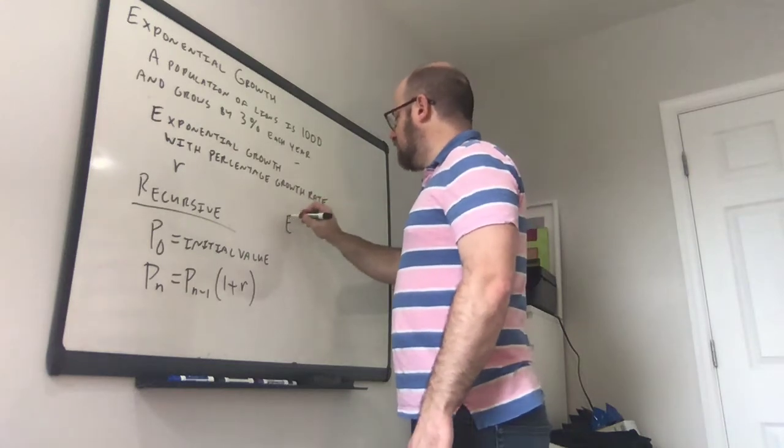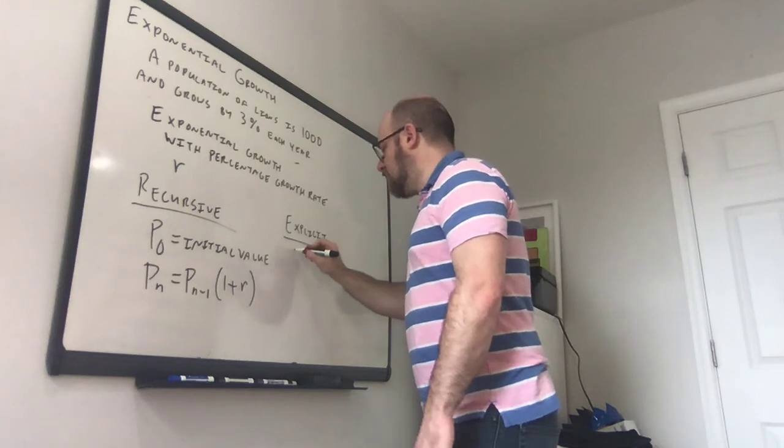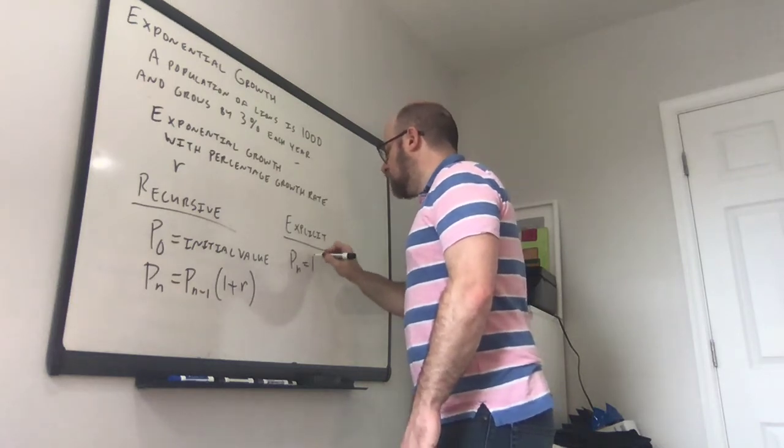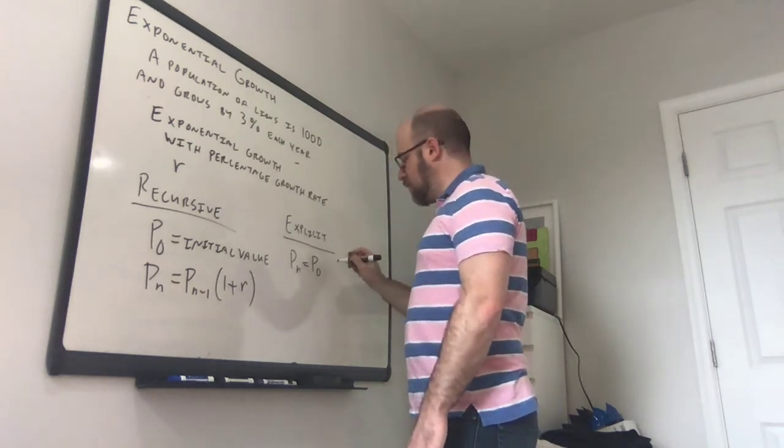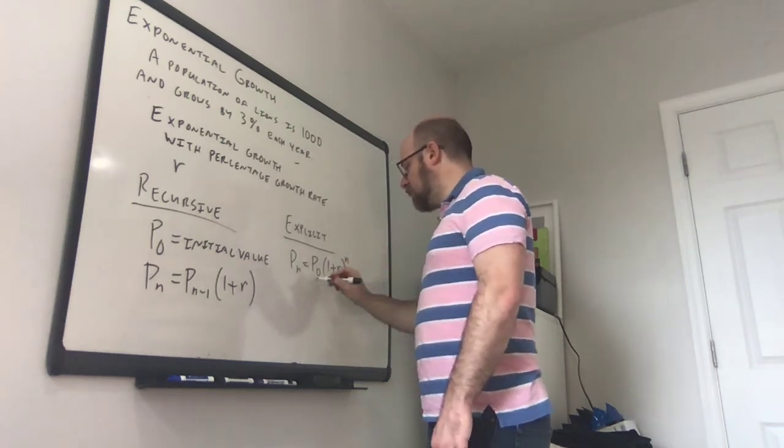And then our explicit equation is going to be P sub n equals P sub 0, our initial value, times 1 plus R to the n.